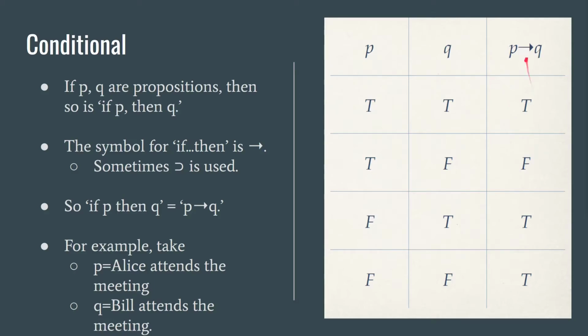Notice the conditional is only false in one case, that is, when it takes you from a truth to a falsity. That's the only time we're going to define the conditional as false. Otherwise, it's going to be true. This might sound very odd to you, but what you need to do is simply memorize this truth table, and the reason we're doing things this way will emerge as you practice.